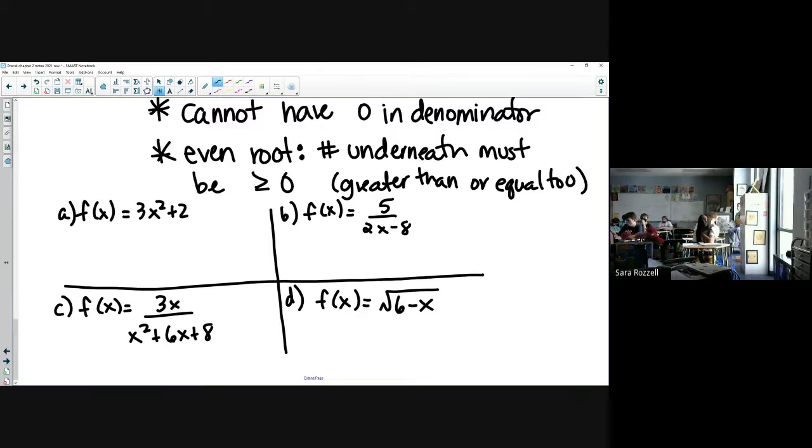Over 2x minus 8, 3x over x squared plus 6x plus 8, and then the square root of 6 minus x.